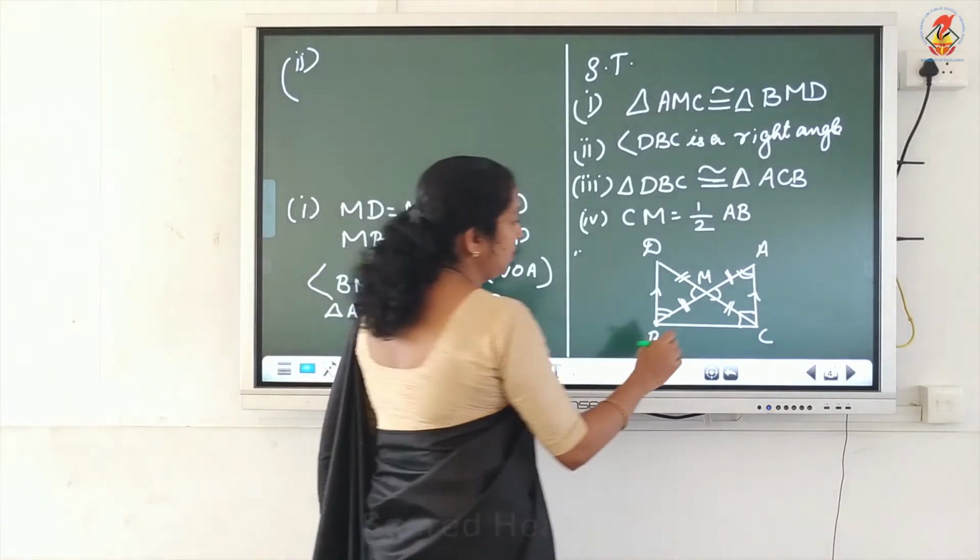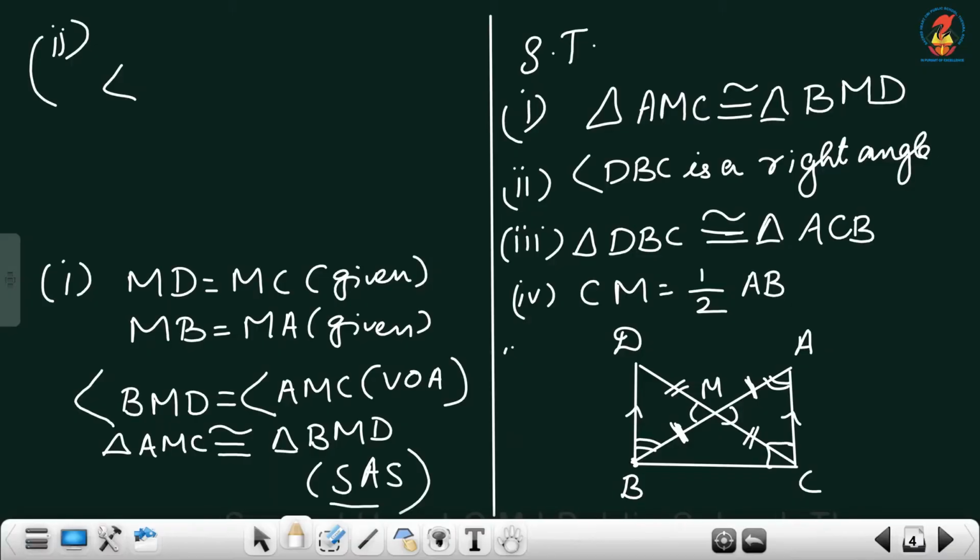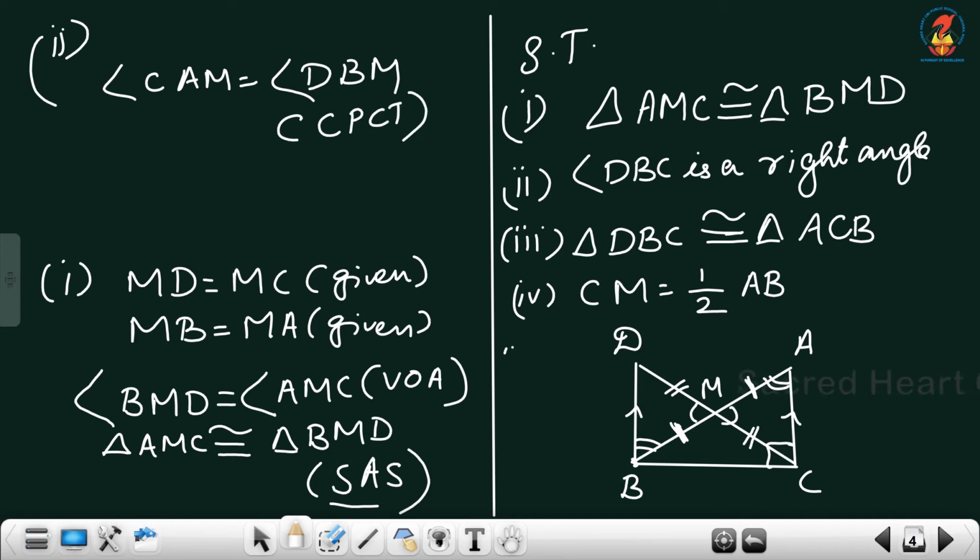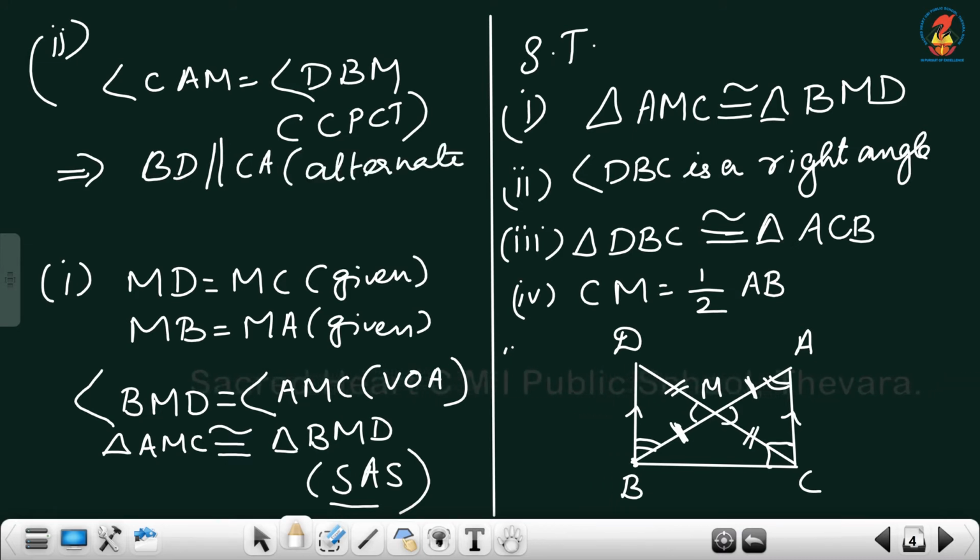So angle CAM is equal to angle DBM. These two angles are equal using CPCT. So we can say BD is parallel to CA using alternate interior angles are equal.